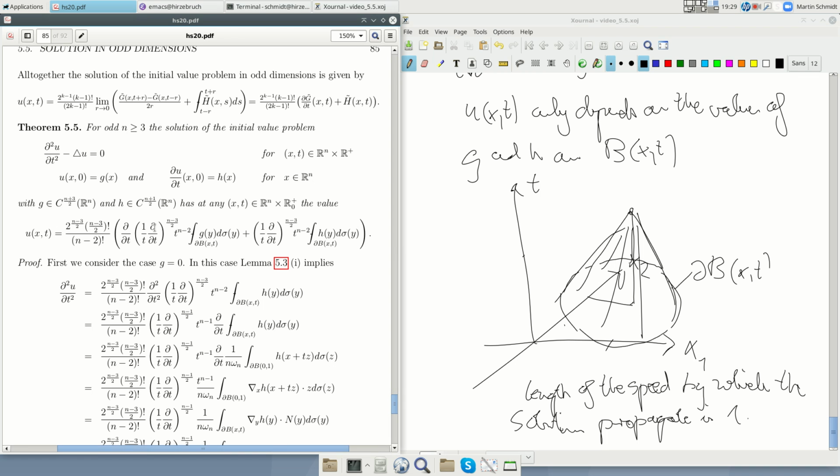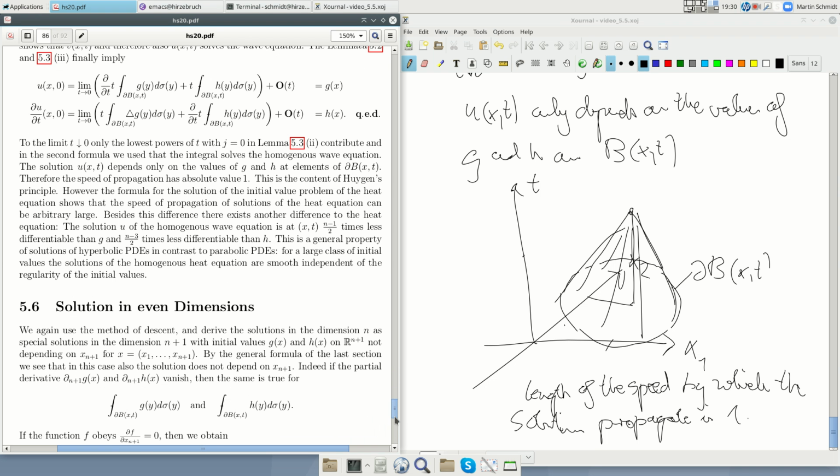And we also see that, since we here applied a differential operator of order n minus 3/2 plus 1, so n minus 1/2, we applied n minus 1/2 derivatives on the function g and n minus 3/2 derivatives on h. For this reason, the function u itself is n minus 3/2 times less differentiable than h and n minus 1/2 times less differentiable than g.